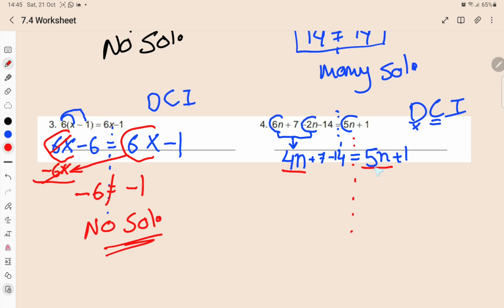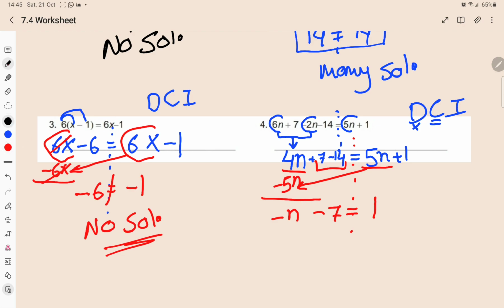Combine them together. So 5n can move with negative, so negative 5n. It was positive, it moved with negative. So 4n minus 5n is negative n plus, what is 7 minus 14? 7 minus 14 is negative 7 equals, what do you still have here?